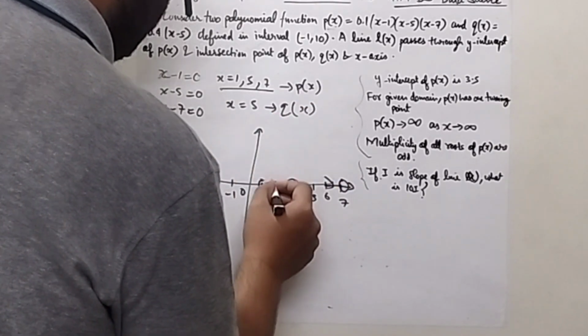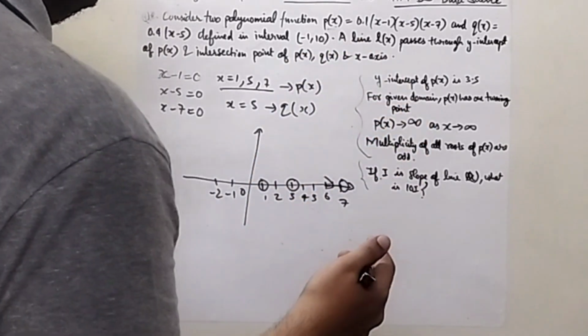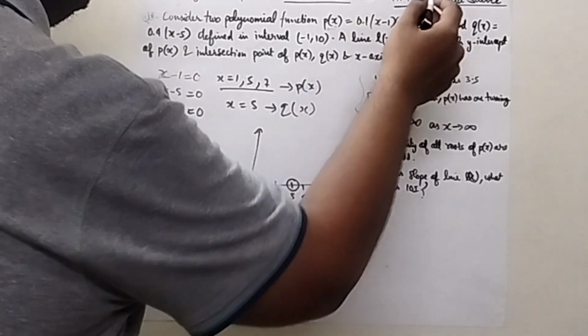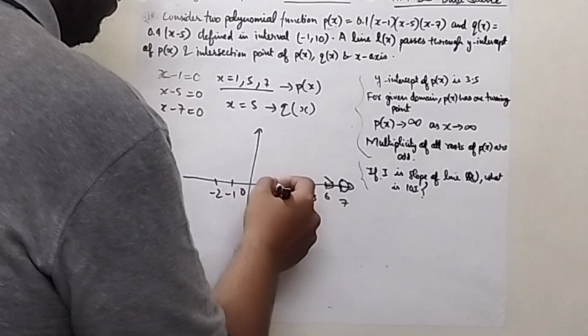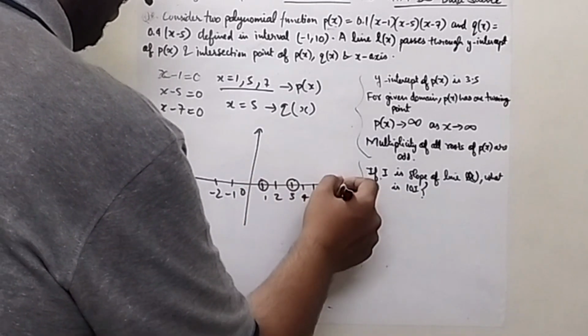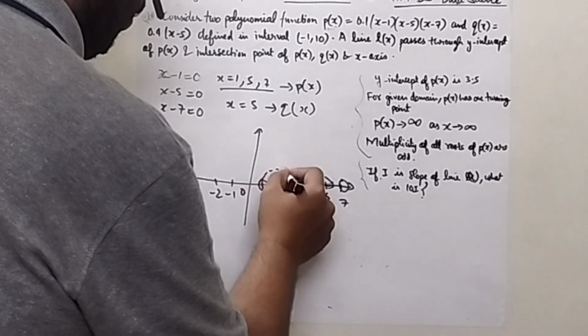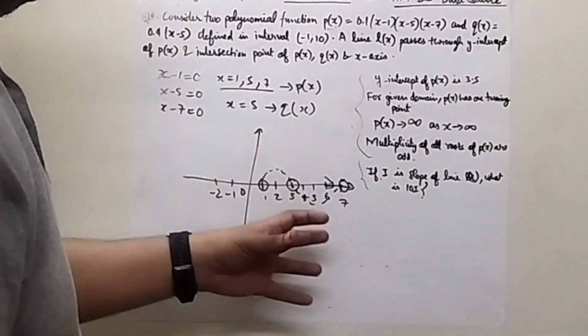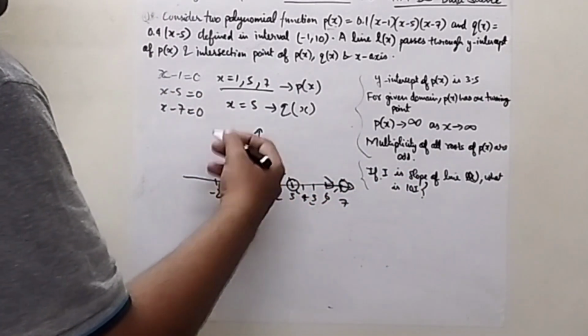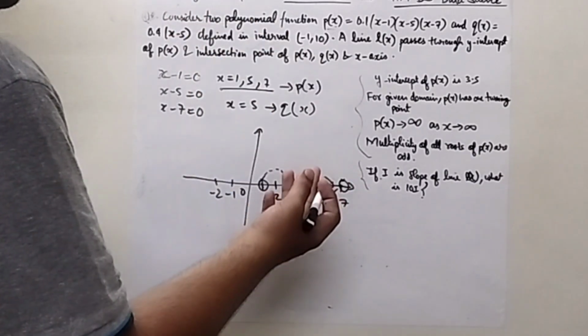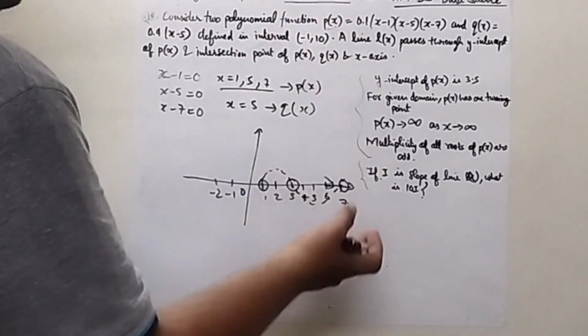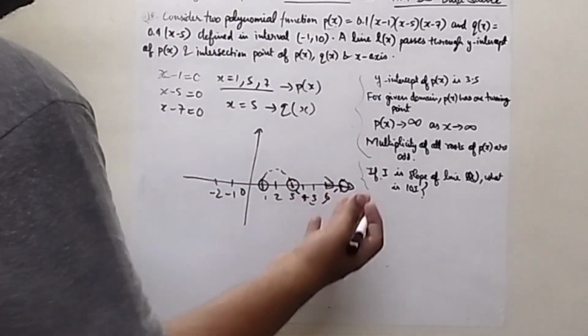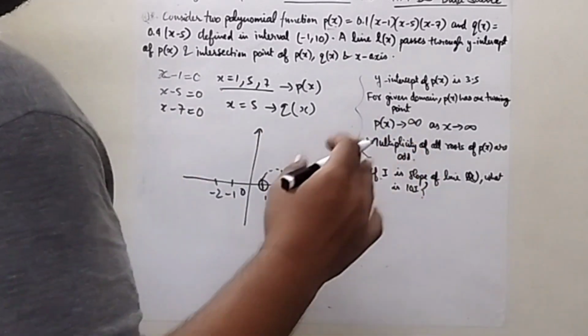Since this is a 3-degree polynomial, it will pass through like this, or it can pass in this way or some other way. We don't know the exact behavior. To find the exact behavior we need to use derivatives and all, but since we don't require it now, we will not go into it.